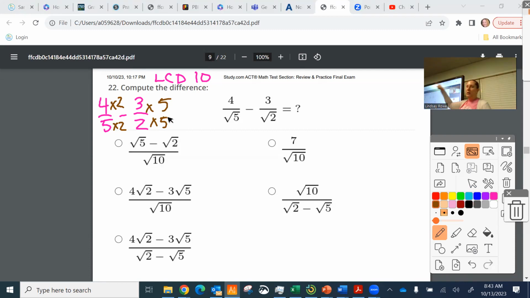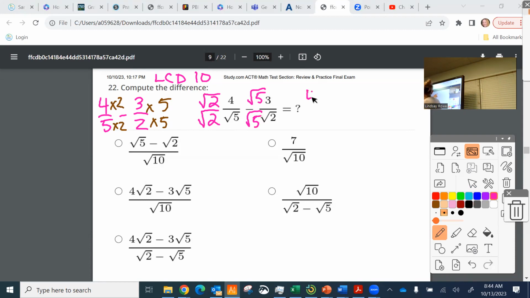Same thing is going on here. We need the bottom to be the square root of 10. So I'm going to multiply by the square root of 2 over the square root of 2 here. And I'm going to multiply by the square root of 5 over the square root of 5 here.